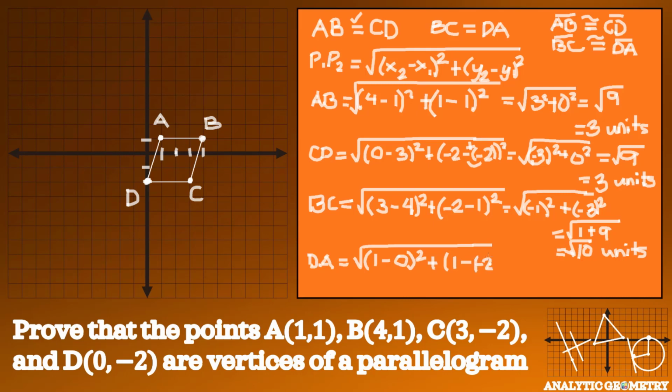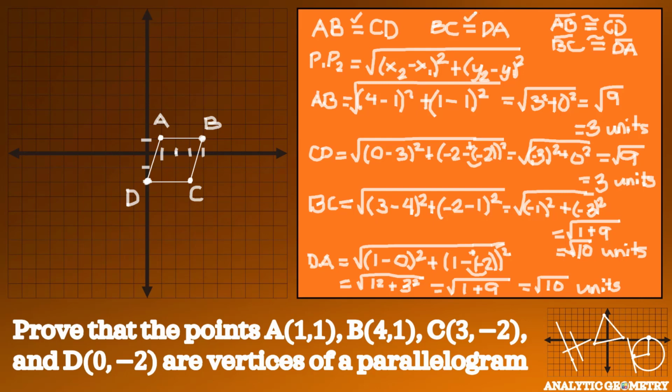Again, don't forget the double negative property, and you square that as well. This is 1 squared plus 3 squared, which is 1 plus 9. So you have the square root of 10 units, which is the same value as BC.